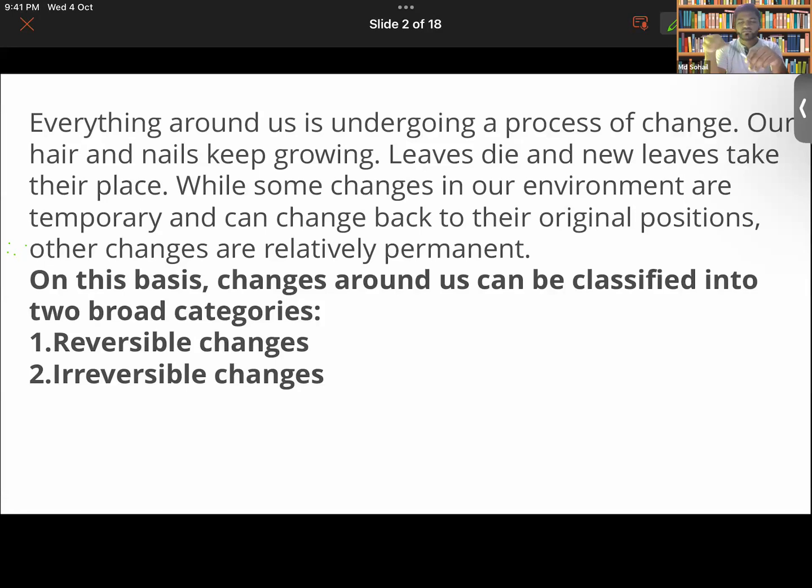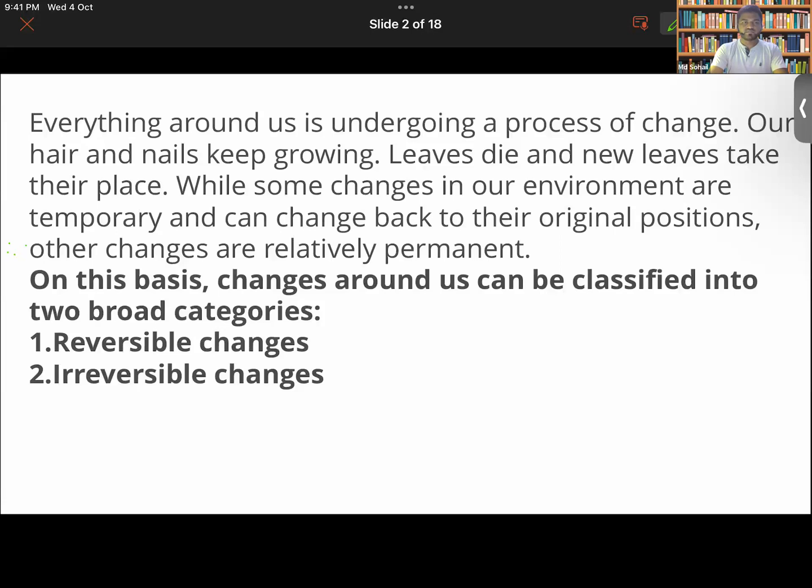And an ice cube melting into water, you can get the ice cube back after that. Yes, after melting, it can be frozen back again.